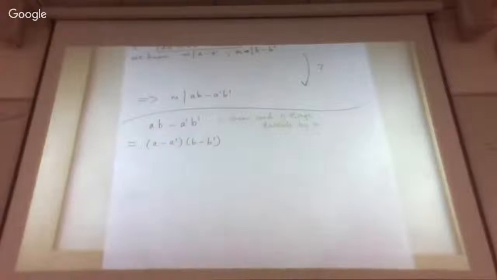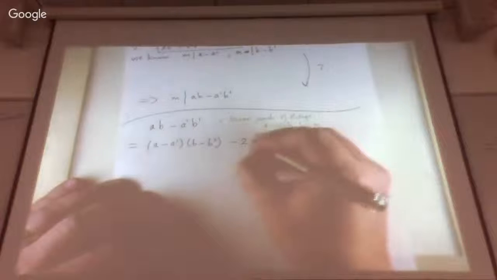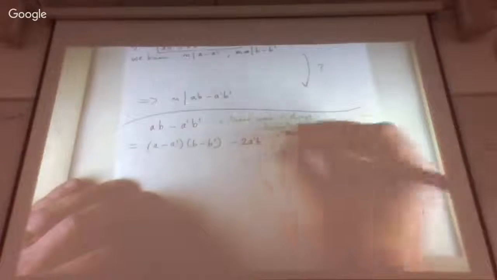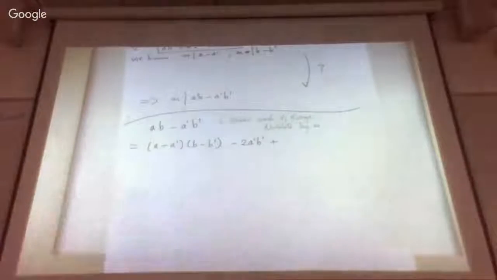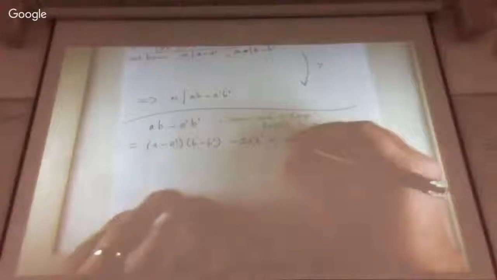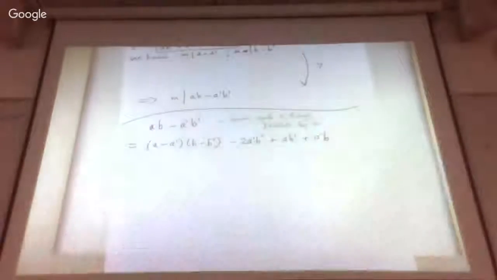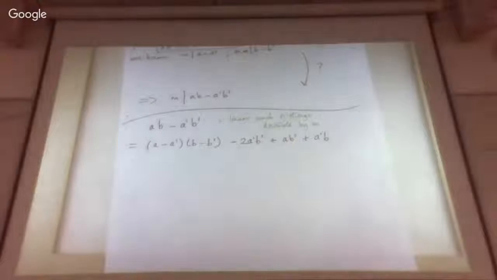So if I subtract 2 times A prime B prime and add on, what was the other bit? AB prime and A prime B. Everybody agree that equation's finished?